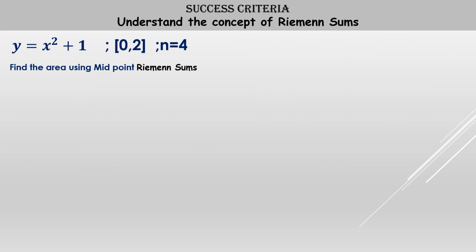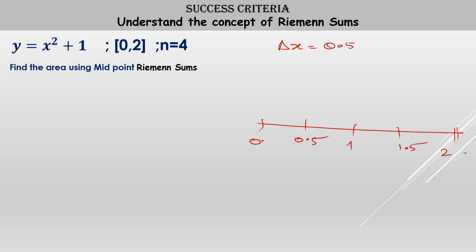Now the last part is that we are going to calculate using the midpoint Riemann sum. Here also, delta x we already have calculated as 0.5. Our subintervals are already 4. So let's start from here: 0, 0.5, then 1, 1.5 and the last point is 2. Now when we say the midpoint, what are the midpoints?